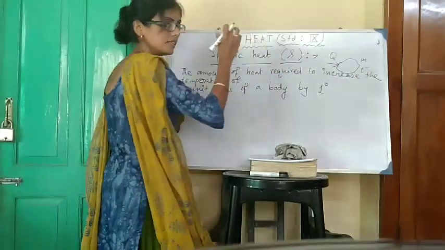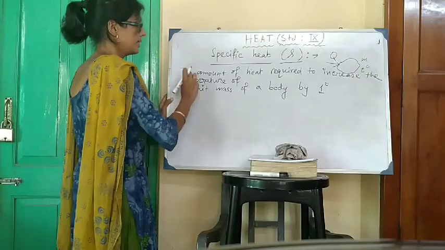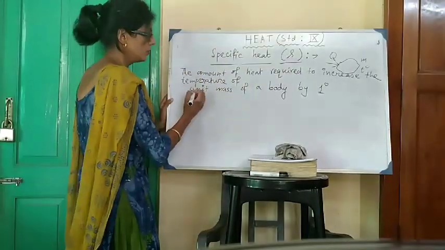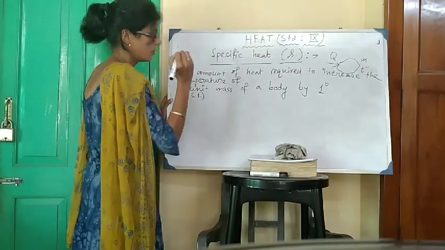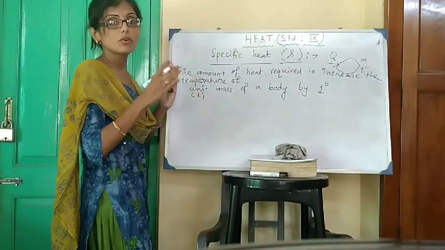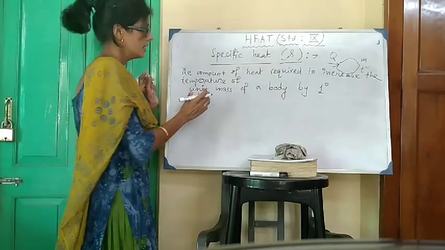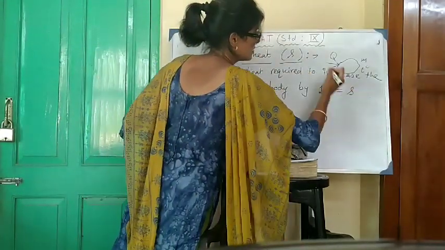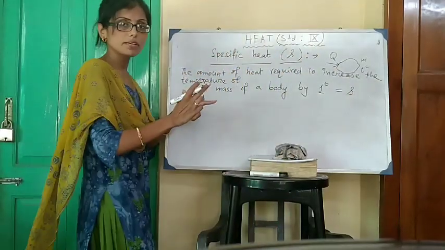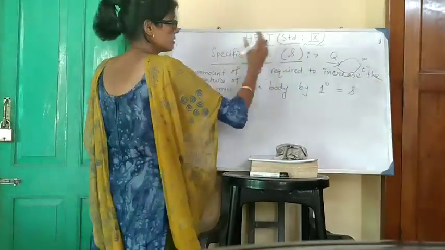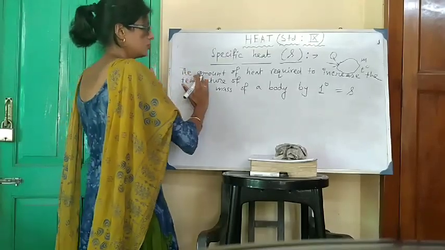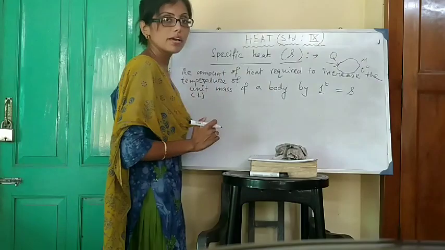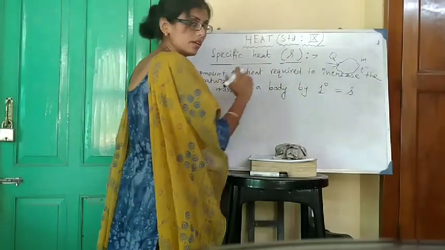Specific heat is represented by small s. Unit means 1 gram or 1 kg depending on the system of unit that we are using. So the amount of heat required to increase the temperature of unit mass of a body by 1 degree is equal to small s, because this is the definition of specific heat.